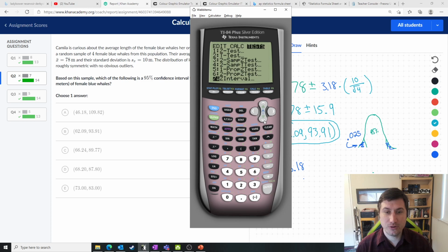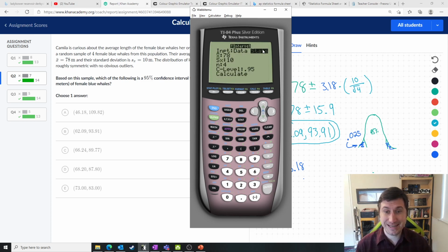And the 84 just calls it a t interval. It doesn't put 1 sample there. Kind of wish it did, but it doesn't. And again, for your video, we're going to be using the next one down, the 2 sample t interval, but that's your video. 8 is the one we want, a t interval.